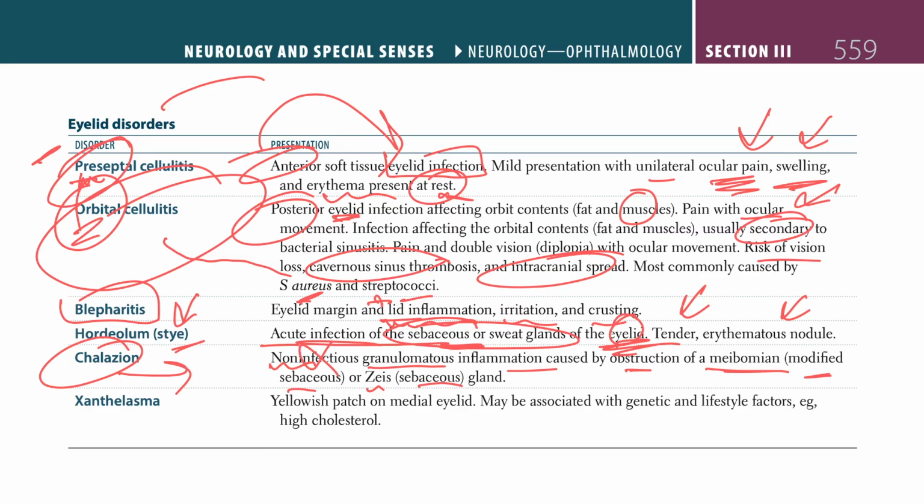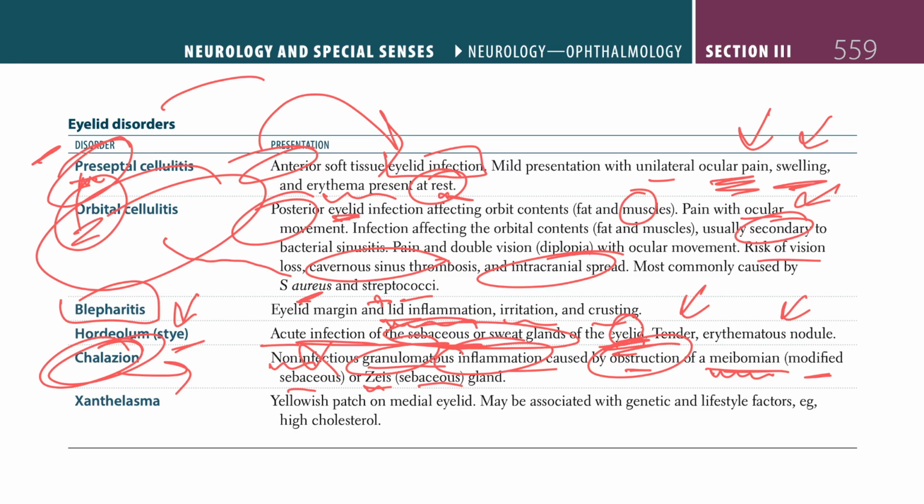What is it? It is the obstruction of these two glands, the meibomian glands and Zeis glands. Rule of thumb, whenever you have a tube obstruction, you're going to get inflammation behind that. So that inflammation is known as chalazion here, which is a granulomatous inflammation.